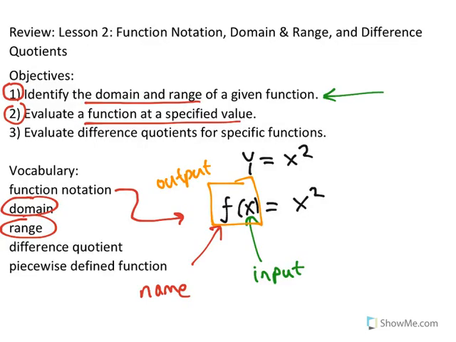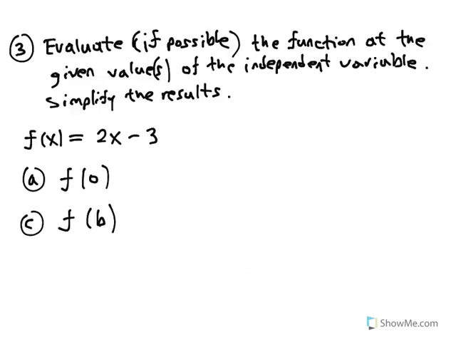We will now take a look at some examples for Objective 2, evaluating a function at a specified value. Here we have number 3, evaluate if possible the function at the given values of the independent variable. Simplify the results. So our function is written in function notation. f of x is equal to 2 times the input minus 3.